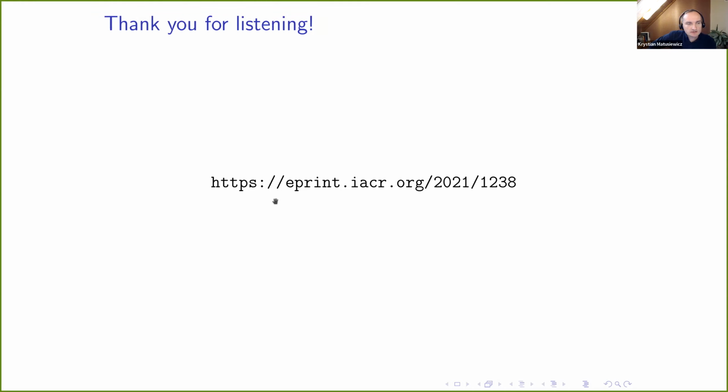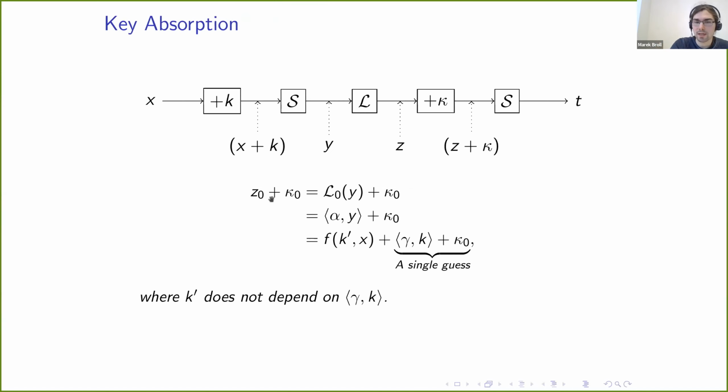Theoretically, yes. The key absorption in more detail works like this. The last guess that you do for a certain bit that you need in the second round can just be written as an additive term to a nonlinear function and then to the next key guess that you need.